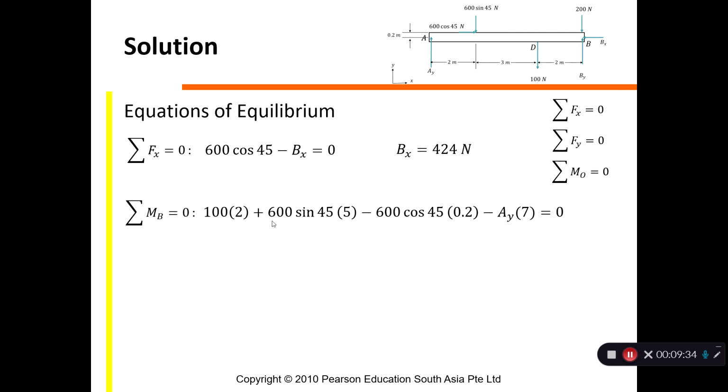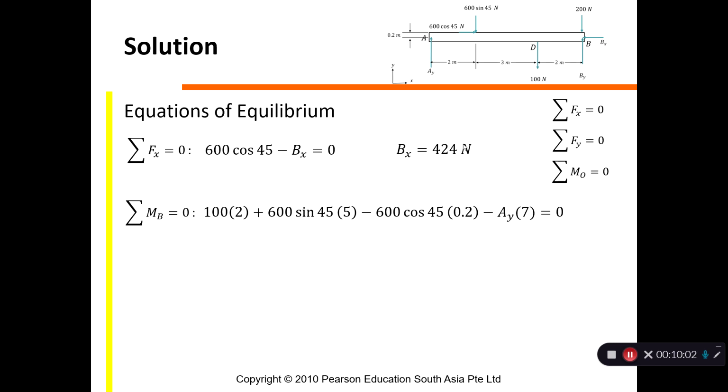Plus the next force is 600 sine 45, acting 5 meters away, perpendicular distance, also counterclockwise, so still positive. And then the next force is 600 cos 45. It's only 0.2 meters apart from point B, and it's going clockwise, so it's negative.